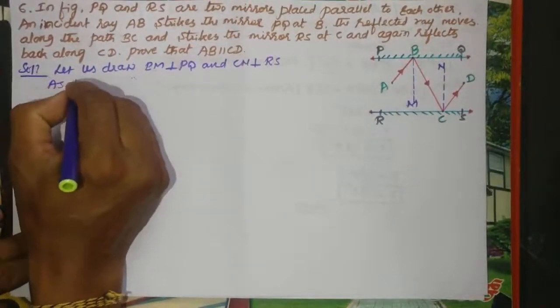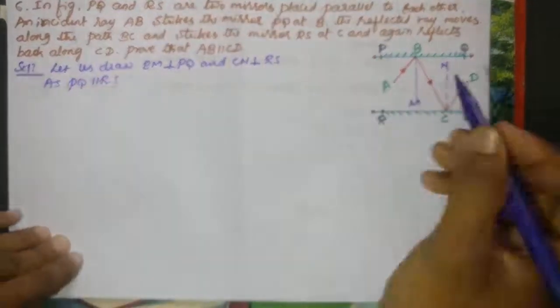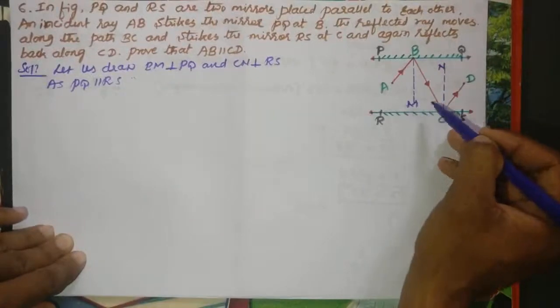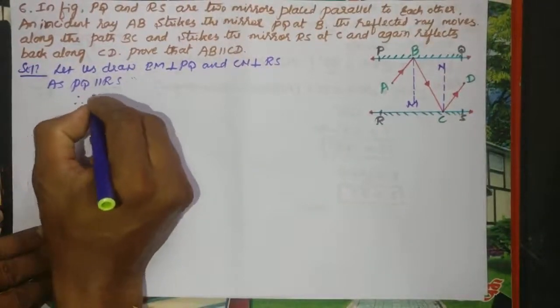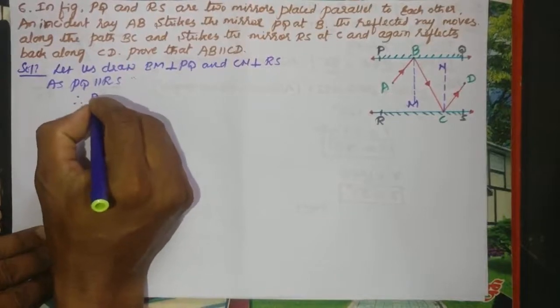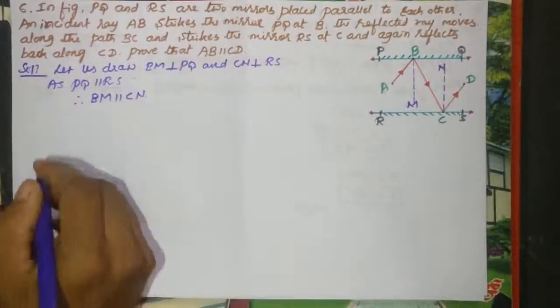As PQ is parallel to RS, therefore BM is also parallel to CN.